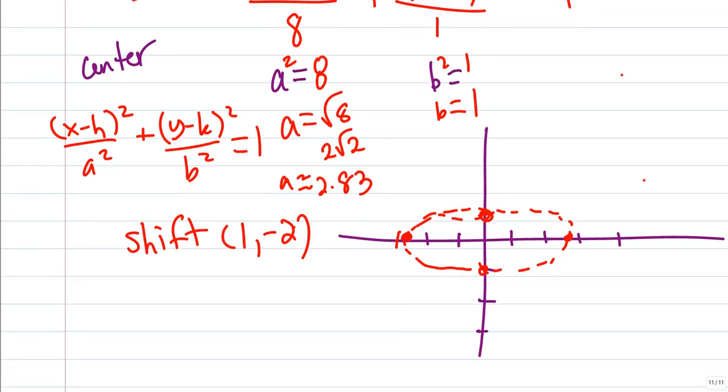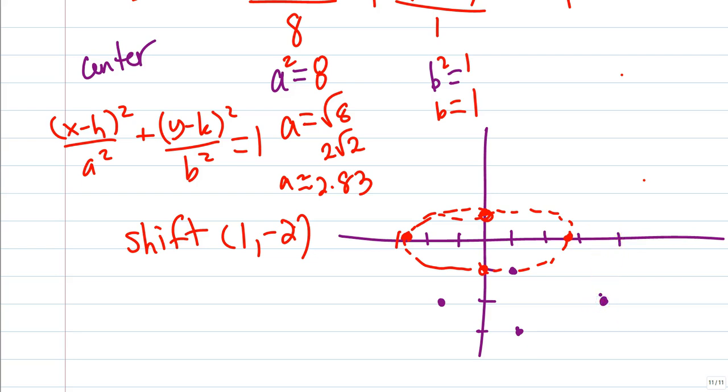I literally can take each of these points and move them 1 to the right and down 2. Take this point, 1 to the right and down 2. Take this point, 1 to the right and down 2.